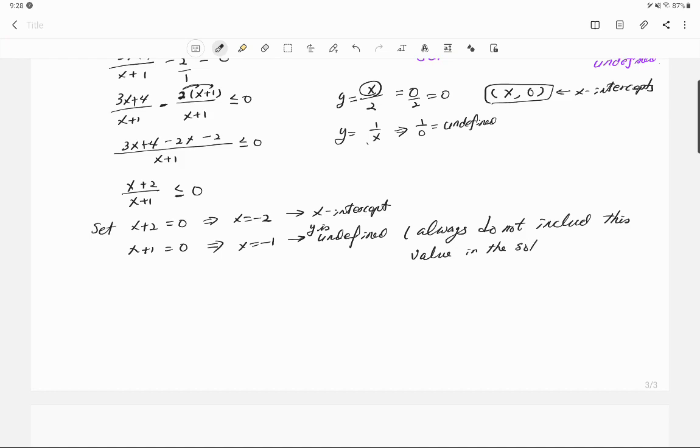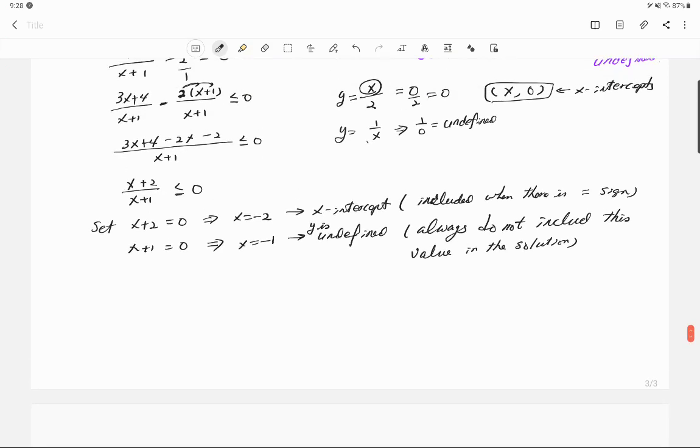Always. And the x-intercept is included when there is an equal sign in the inequality. Make sense?